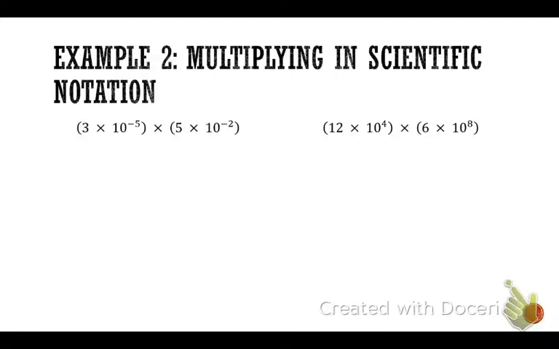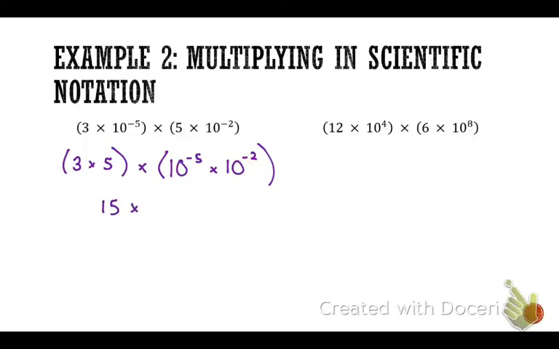I have to do these operations, so don't you think it would be easier if I group my whole numbers together? 3 times 5. And don't you think it would be easier if I group my powers of 10 together? 10 to the negative second power. To me, visually, this really helps. What's 3 times 5? 15.